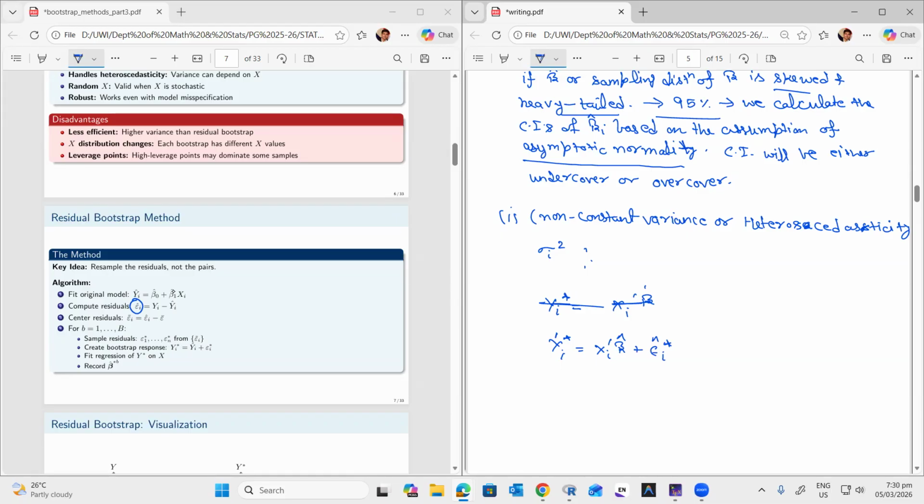Okay, and we refit the model to xi and yi star, and collect the beta cap.